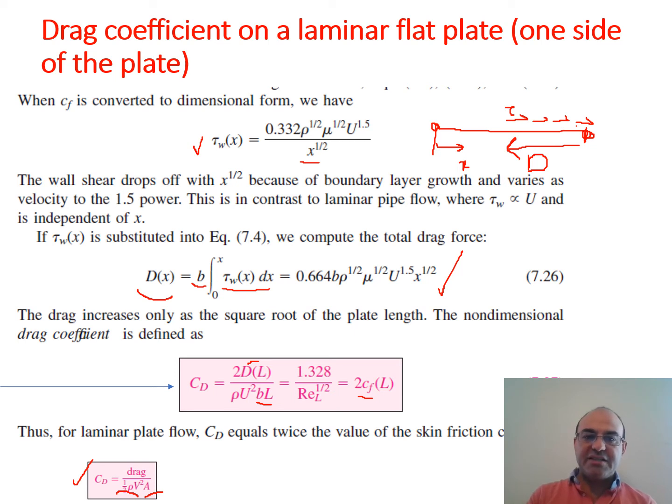And this can be seen here because tau is a function of 1 over x to the power of 1/2, inversely proportional. So as x increases, tau decreases. That's why CF decreases with x.